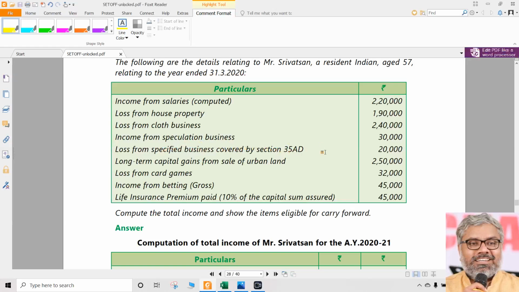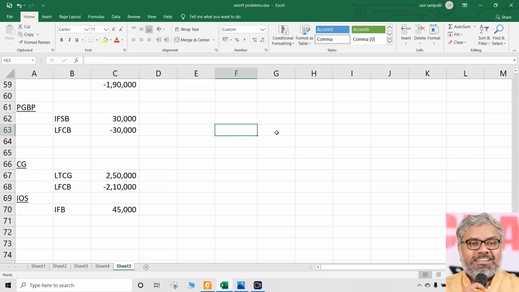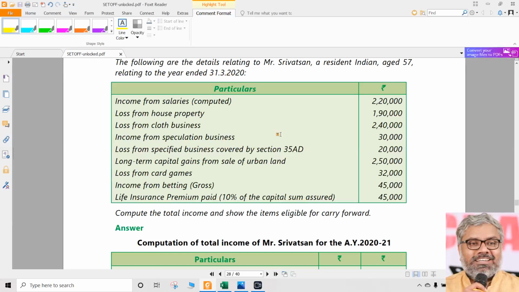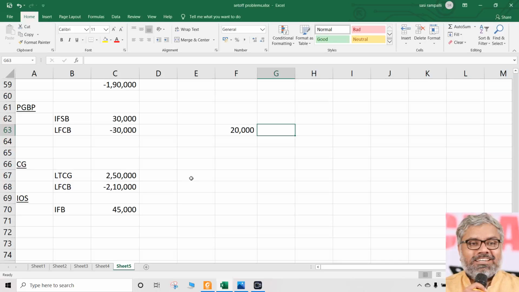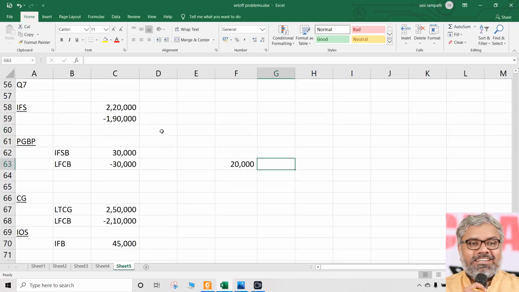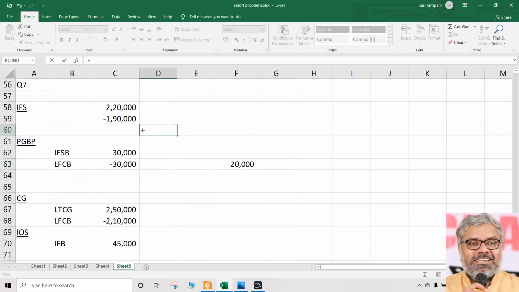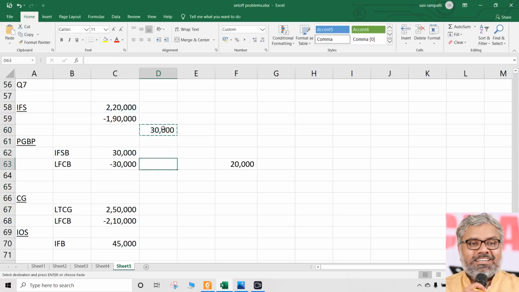Then loss from specified business is a problem; it could not be set off because there is no income from specified business, and it can be carried forward indefinitely. Long-term capital gains, we have already taken 2,50,000. Loss from card games is to be ignored. Income from betting 45,000 is already taken care of. So that's it. What we have now is the gross total income calculation first. How much is that? Let us see.